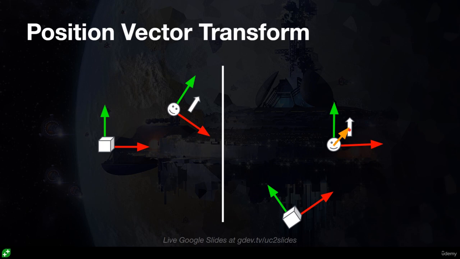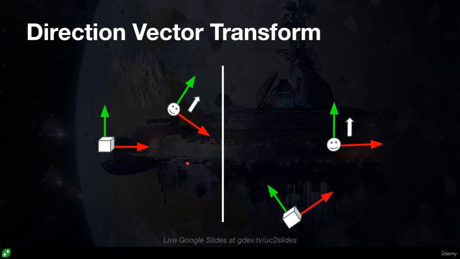So in this case, it is the gun location vector. Now, if we transform this into our world space, this is what happens. The arrow now points from the center of our new world, the global space, and it points to the gun. So that's what happens if you transform a position vector.